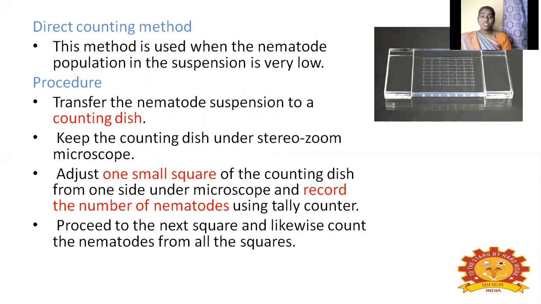If the population is high, we can go with the average calculation method, meaning the nematodes in the counted squares are averaged and multiplied accordingly. So these are all the methods for counting and identifying the nematodes.